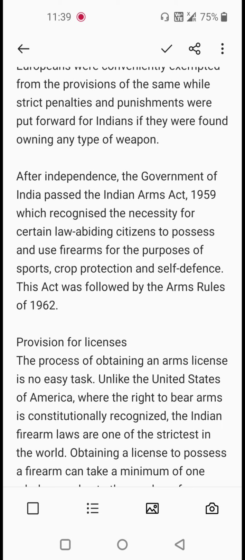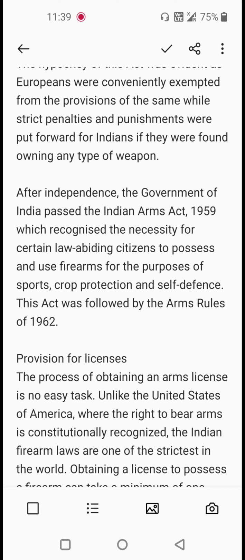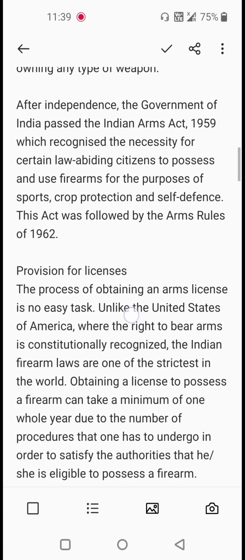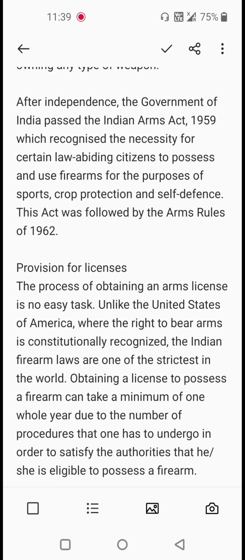Crop protection means a farmer's duty is to save his crop from the many wild animals that destroy the whole of a farmer's agriculture. And self-defense. This act was followed by the Arms Rules 1962 as well. So the Arms Rules 1962 is different and the Arms Act 1959 is different.